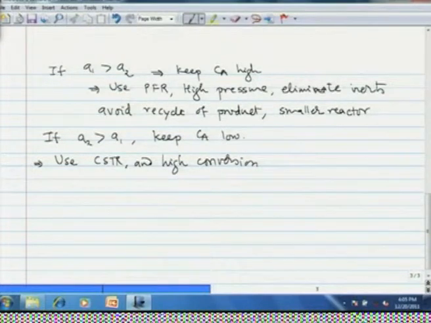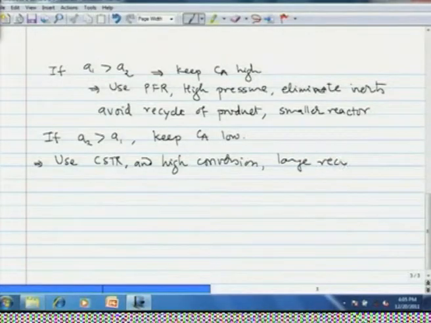Then you can decrease the partial pressure or concentration of the limiting reactant by large recycle of product.